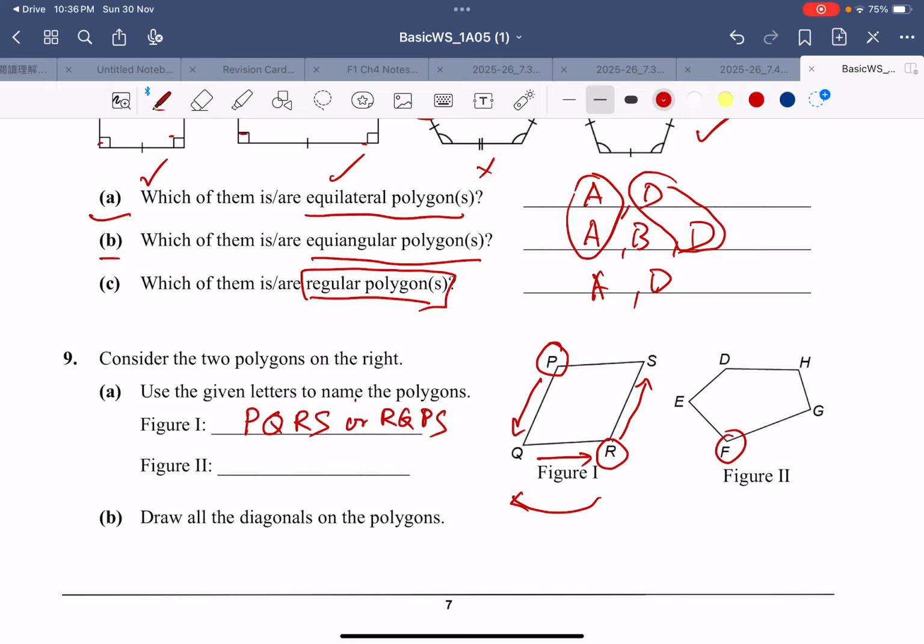Starting from F, go this way, will be F, G, H, D, E, right? Or any other orders. But remember, you cannot name something like F, H, E, G, D. They are in wrong orders, right?